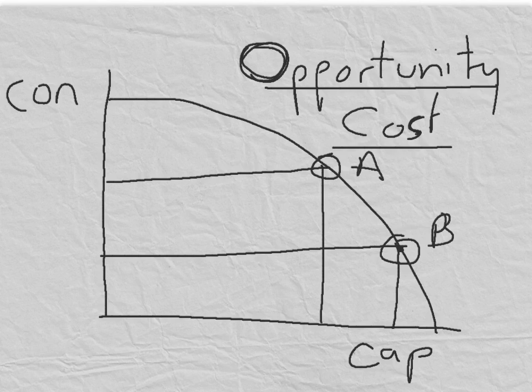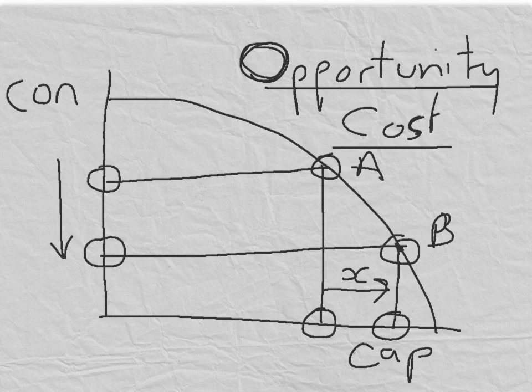In doing so, we are increasing our production of capital goods by this distance here, which we will call distance x. But to do that, we have to use scarce resources to produce more capital goods. And this means we have to give up the production of some consumer goods.